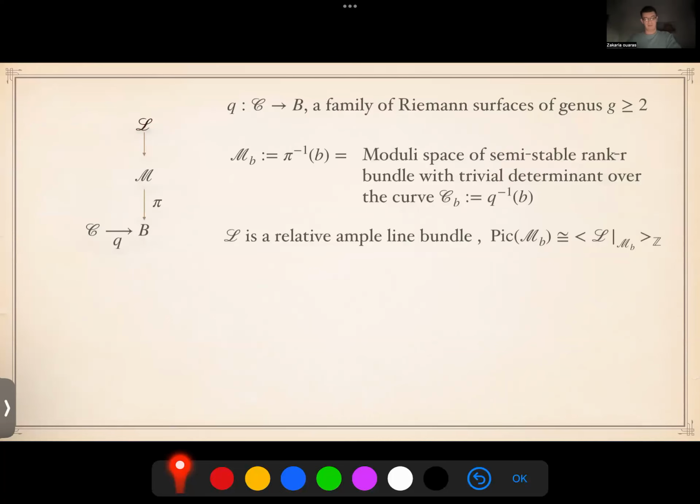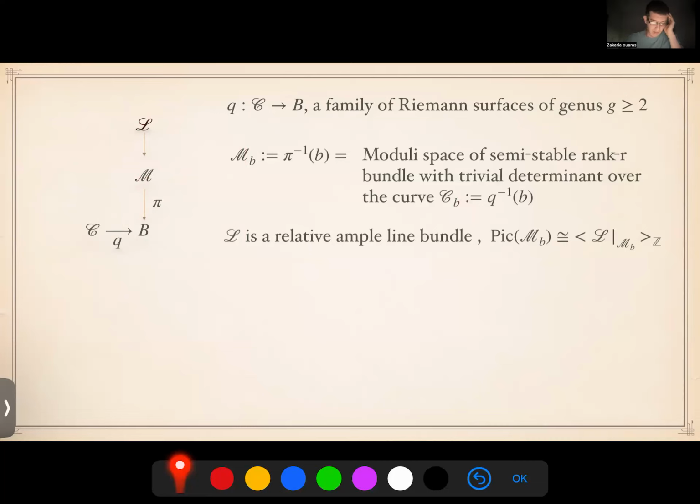Now we can come back to Hitchin's example. If you have a parameter space B, not only the Teichmüller space, you take a family of curves of genus g, which we will suppose is greater than 2. And pi here is a relative family of moduli spaces, where for each b in the base you have a curve given by q^-1 of b, and M_b, the fiber here, is exactly the moduli space of semi-stable rank r bundles over C_b that have trivial determinant.